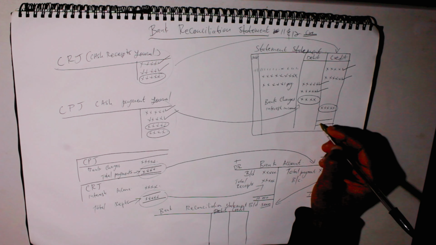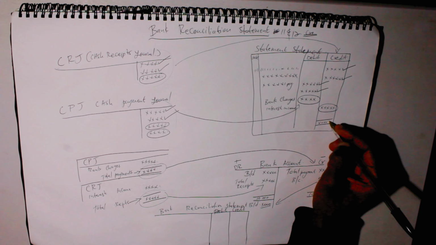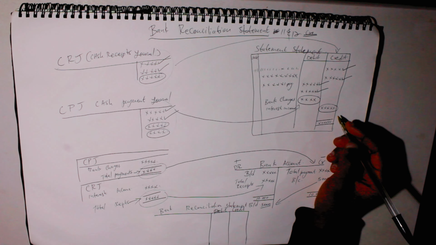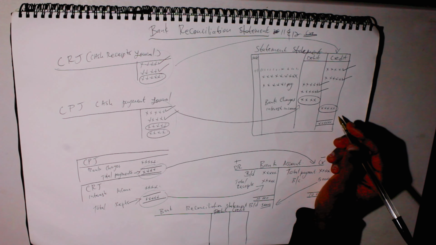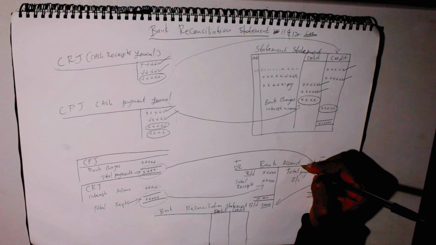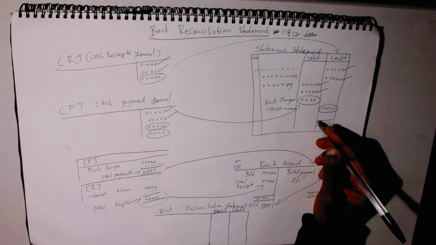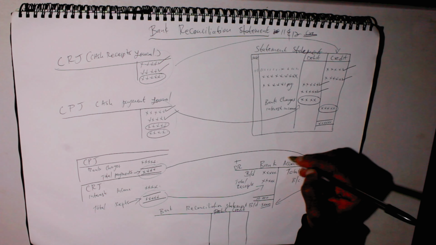It was reflecting on the credit side. Remember, I said to you that the bank statement will show the amount that we receive on the credit side. So the bank statement will always be like that. You understand? Do not confuse the bank statement and the bank account. These two things are two different things. This is the bank account, it is an asset.